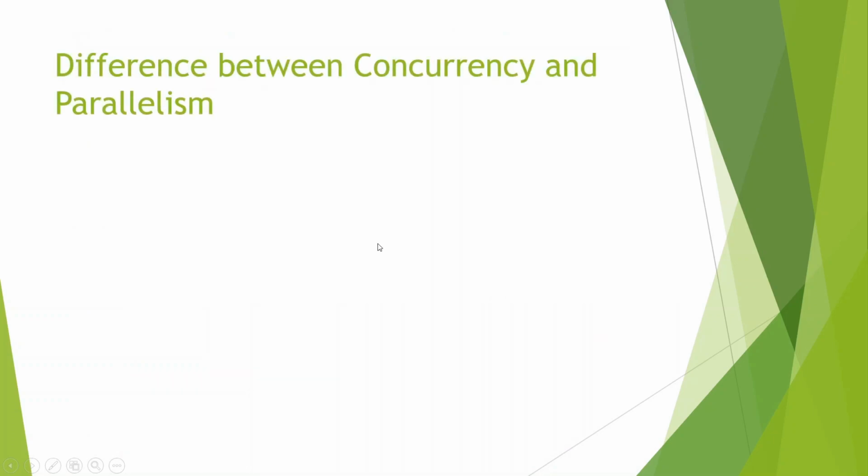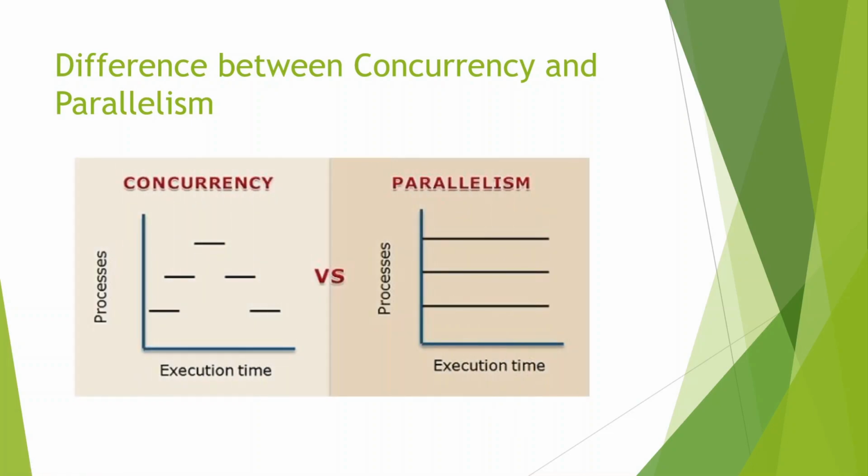Now, let us come to a diagram to understand concurrency and parallelism properly. As you can see on the right side, there is a diagram for parallelism, the execution time. At any point of time, all three processes are running. None of the executions is stopping, and all three processes are running at the same time.